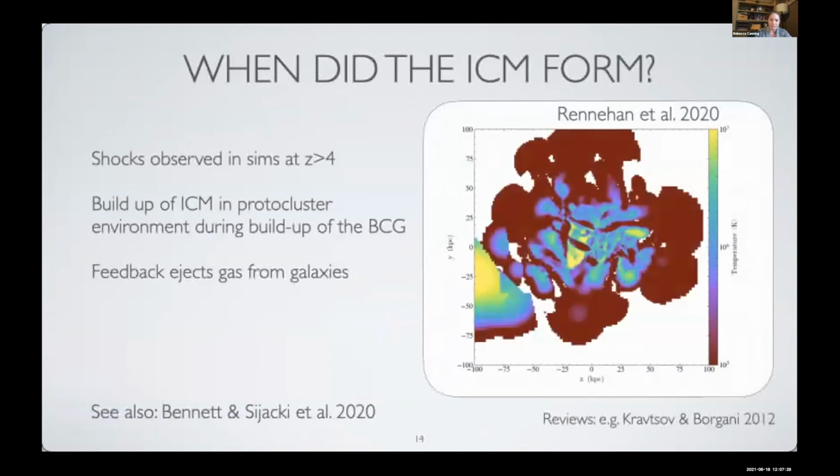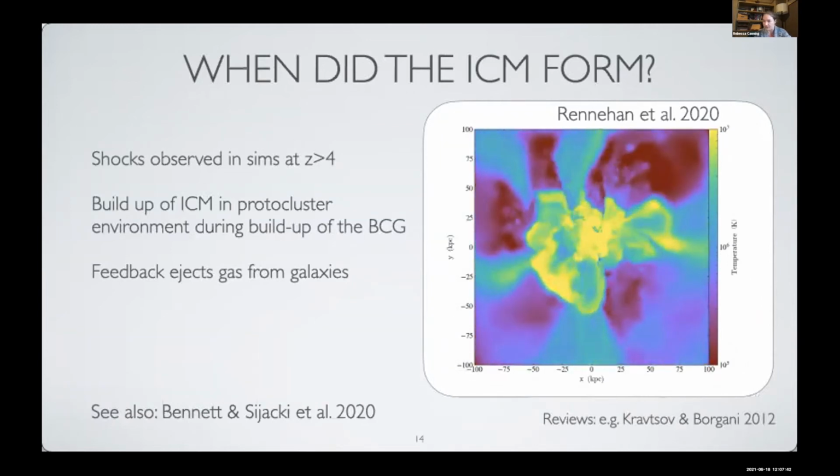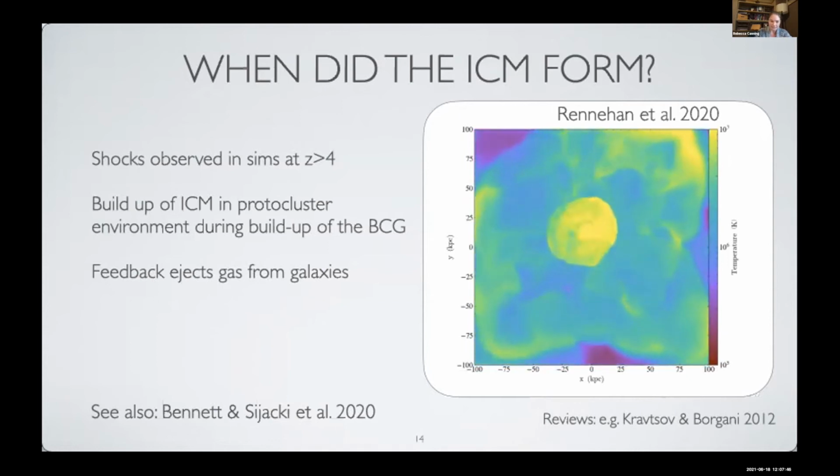So on to the first technique, the birth of the ICM. This isn't something we've yet observed. We're reliant on simulations. One such simulation is from Rennehan et al., which I'm going to play for you here. What you're seeing being simulated is the temperature of the gas, 10^5 to 10^7 Kelvin, as many galaxies are collapsing and forming a brightest cluster galaxy.